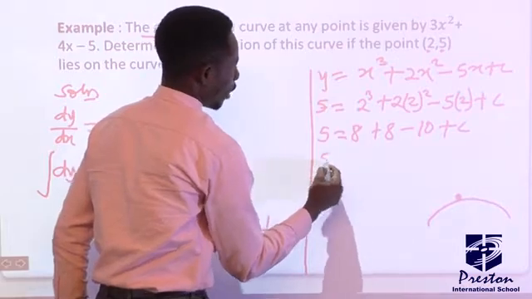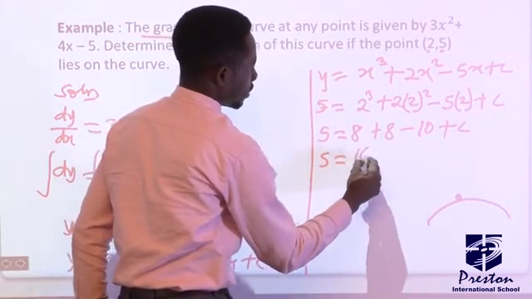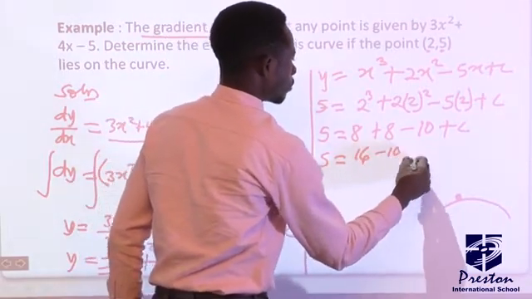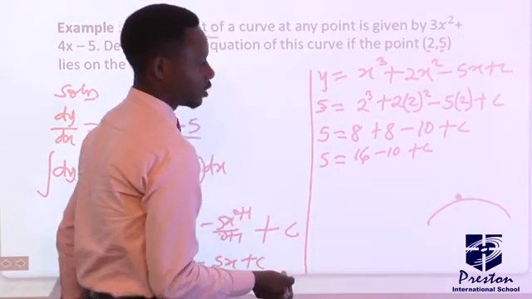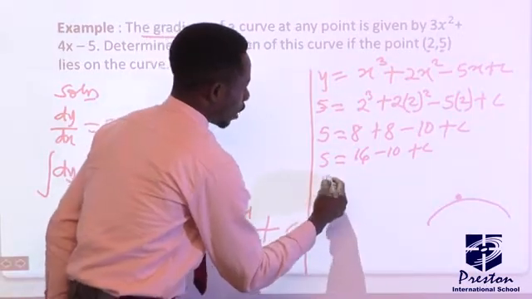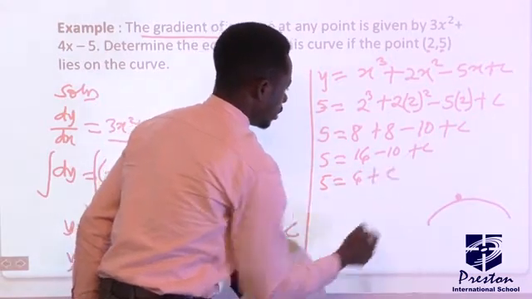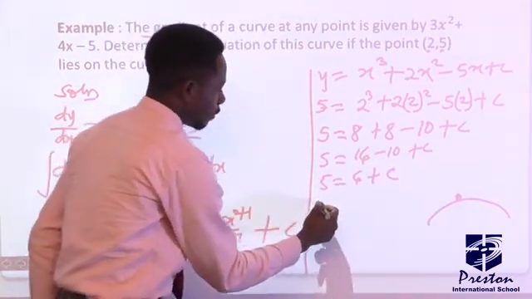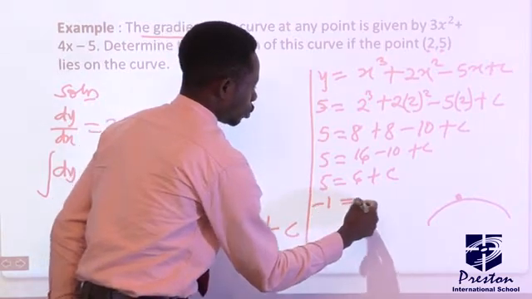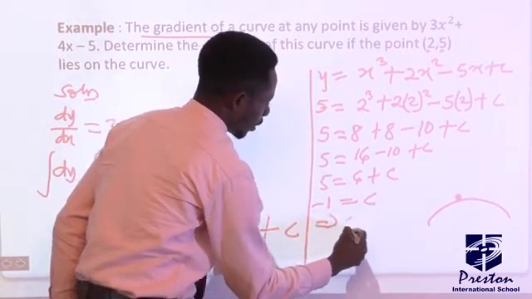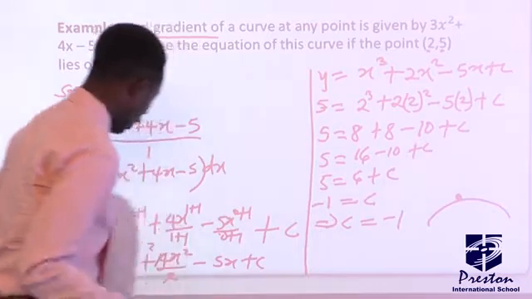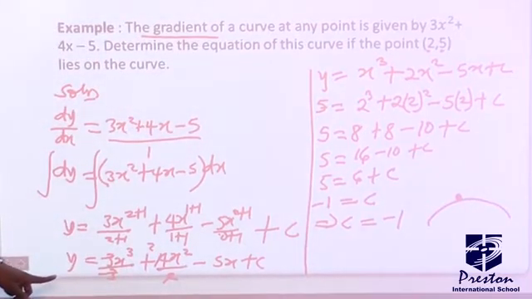We have 5 is equal to 8 plus 8 will give us 16, minus 10, plus c. 16 minus 10, that is 6. And that means we have 5 is equal to 6 plus c. When 6 comes to this side, we have minus 1 is equal to c, meaning that our c is equal to negative 1.